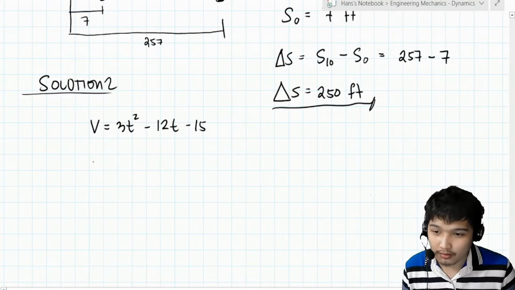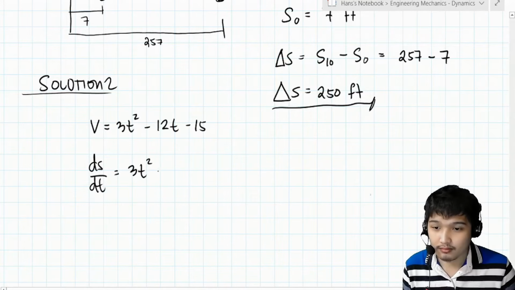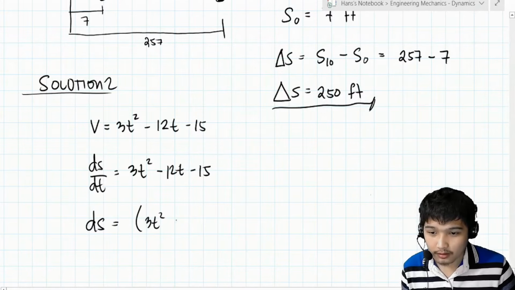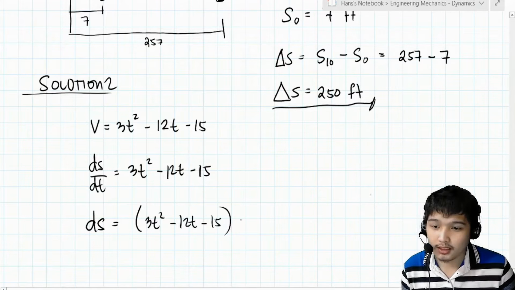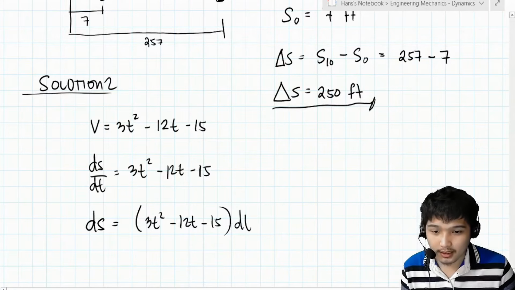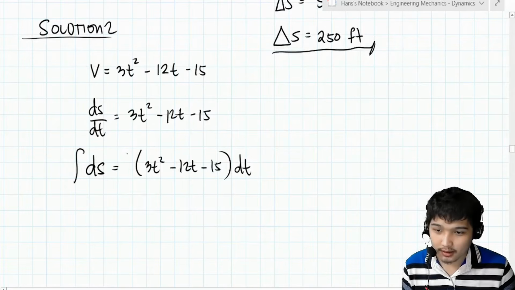So we know that v is equal to ds over dt lang din. Okay, so we just have to cross multiply, no? ds is equal to 3t squared minus 12t minus 15 dt. So what we need to do is to just integrate both sides.